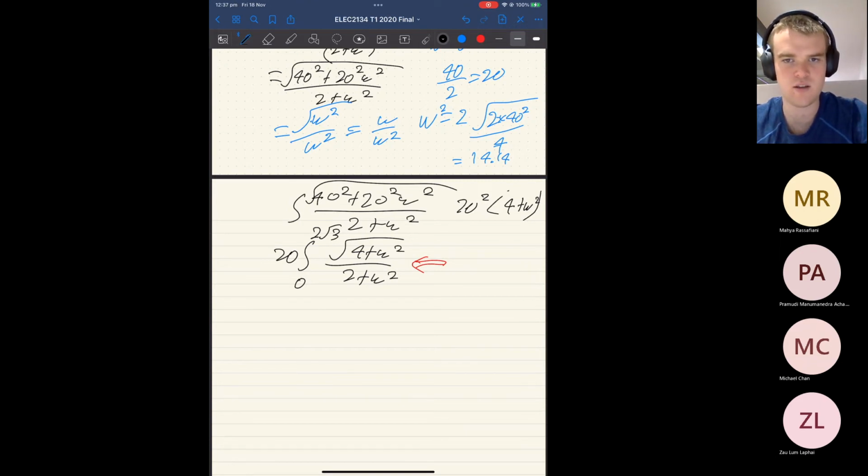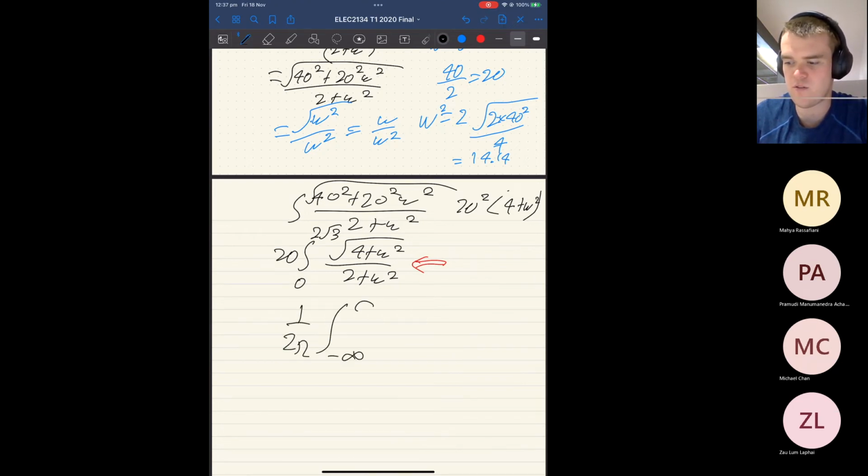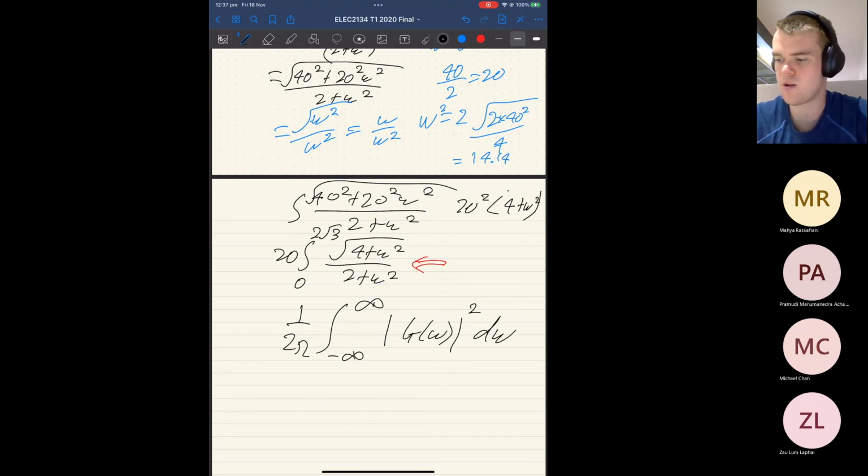Parseval's theorem is 1 on 2 pi of the integral from minus infinity to infinity of the absolute value of g of omega squared d omega. Isn't that nice?